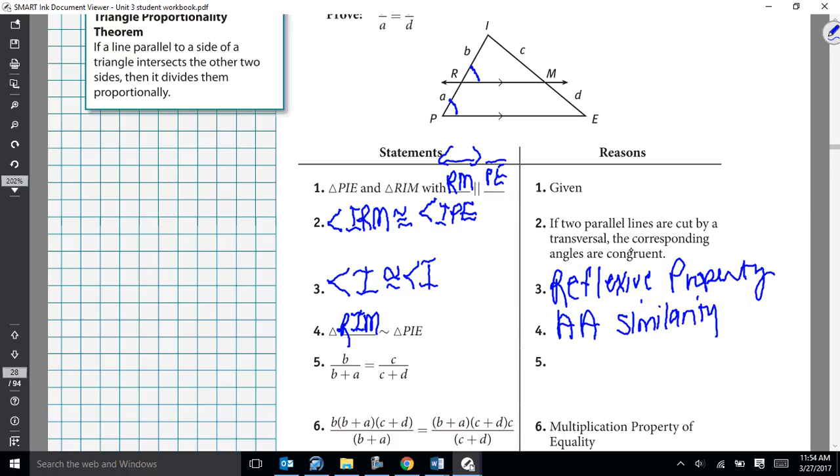All right, so we have B over B plus A equals C over C plus A. What rule tells us that that's a true statement, and that's our new one?